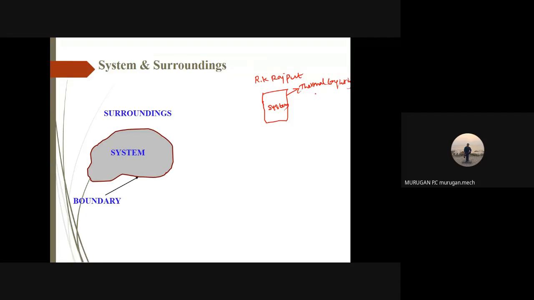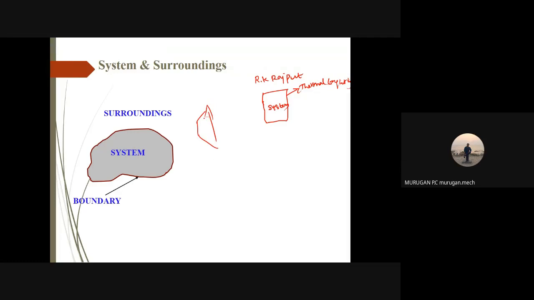Am I correct? Yes, sir. So the object, a quantity of matter or a region in space, or something which we have taken for study, is called a system. Now here we take a turbine.